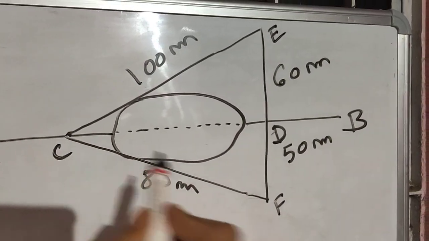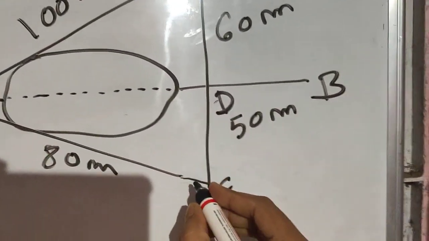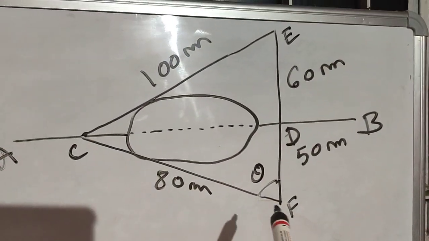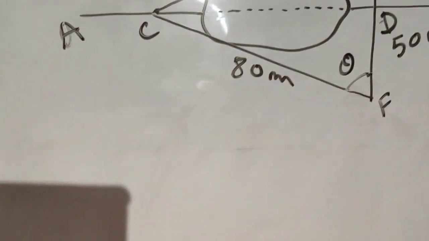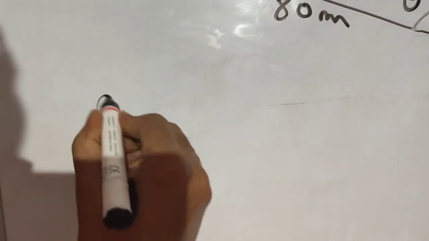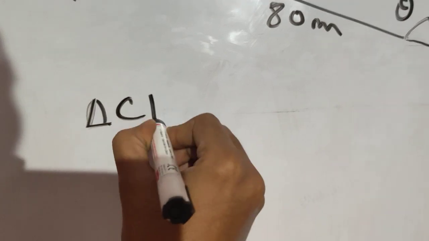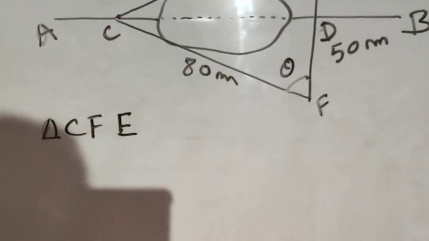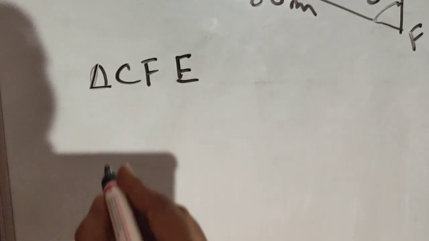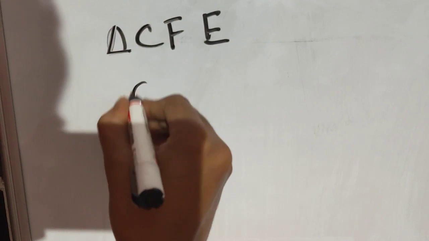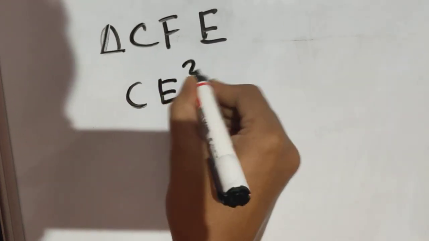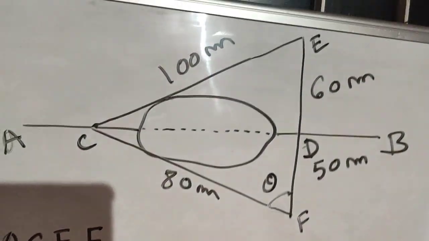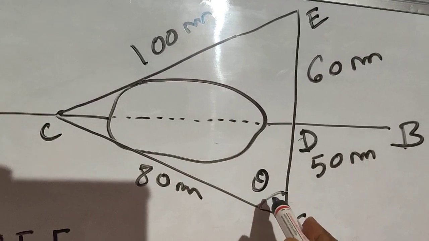Let us take this triangle CFE. Before that, let us assume the angle CFE to be theta. Now let us take triangle CFE. From this triangle, we can easily write by applying the cosine rule, CE square is equal to c square, where c is the side of the triangle opposite to the angle theta.